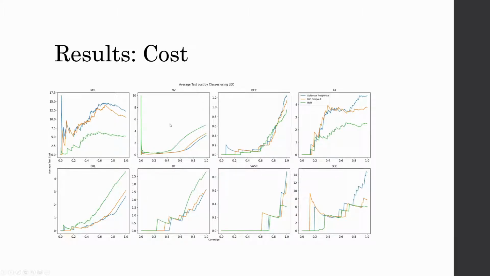So maybe if we lived in a perfect world where 99% of people had Nevi and only 1% of people had melanoma, then perhaps it would still be less costly to use MC dropout. But as of just now, in this population using our specific cost matrix, we can see here that Bayes by backprop seems to perform better.